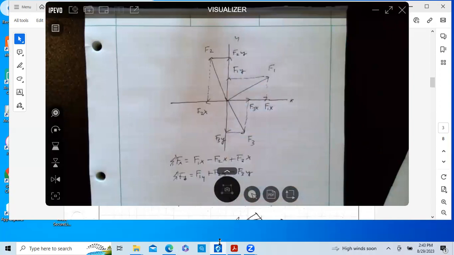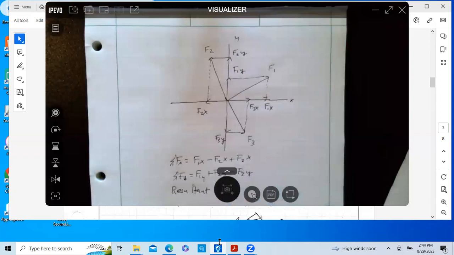Resultant. We're going to just sum forces in the x and sum forces in the y direction.